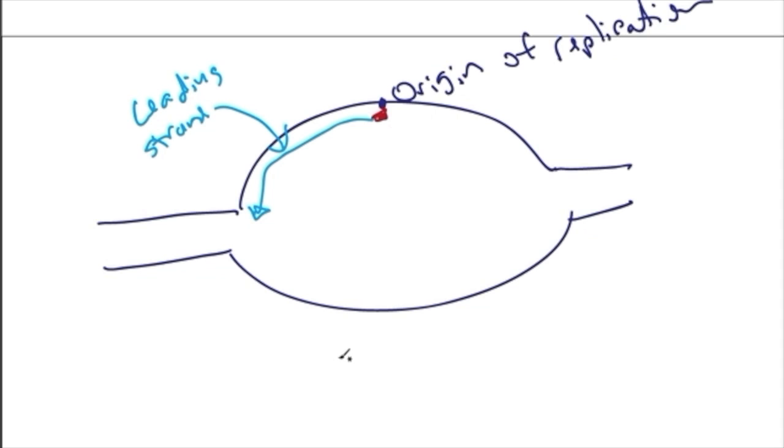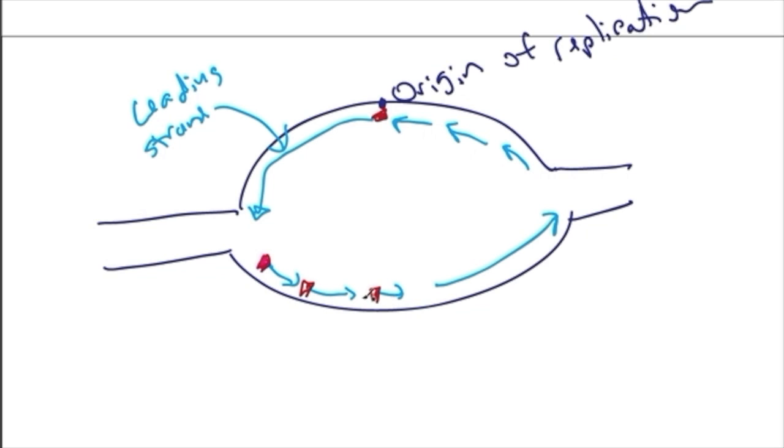And then over here, you have the lagging strand, because it looks like this. Oh, this makes a lot of sense actually. Look how the red is right here. Those are the primers.